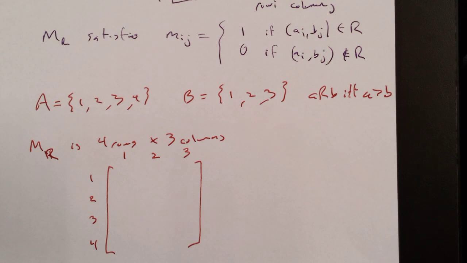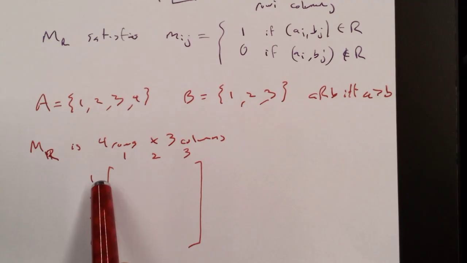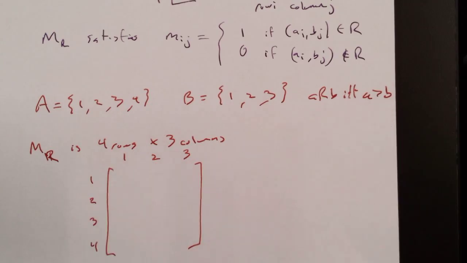So you've got 12 spots. Each spot gets a 1 or a 0. Let's go across the top row. 1 or 0? 0, because 1 is not bigger than 1. I want A bigger than B. That's not true here, because this is the A side and this is the B side.